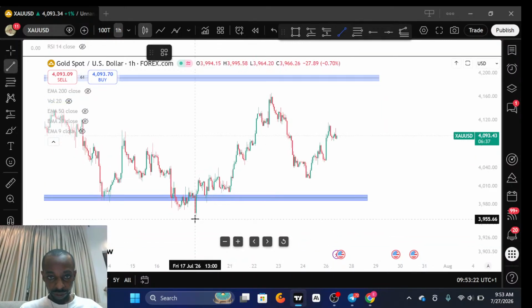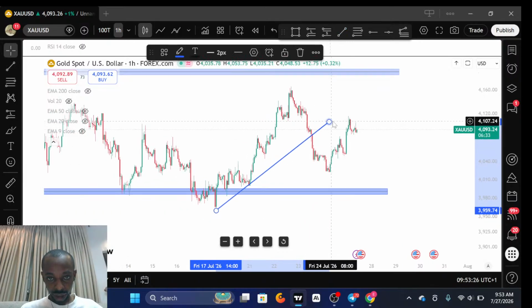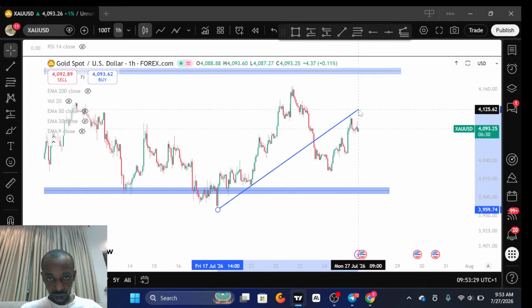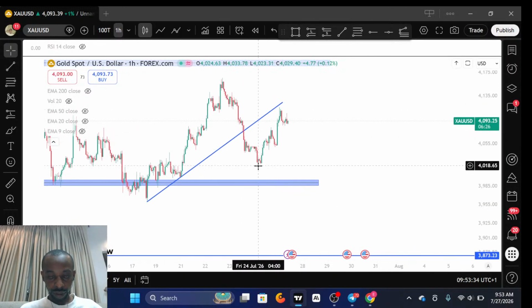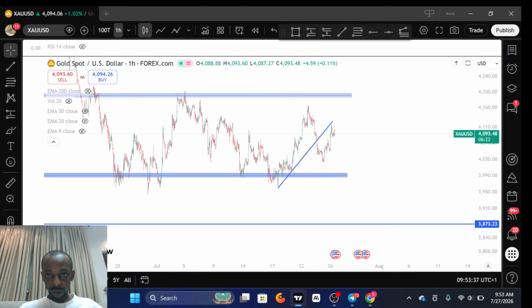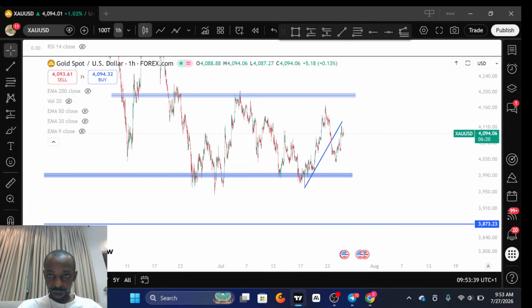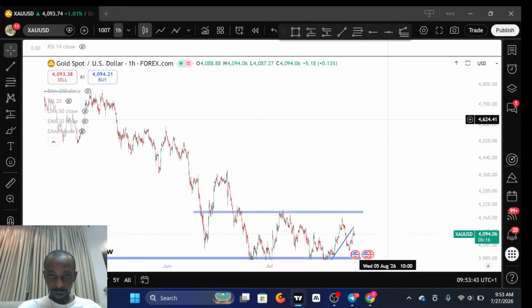So if we draw our counter trend line, you can see that the market has broken this level and retested this level again. So we are somehow sure that this market is likely going to sell.